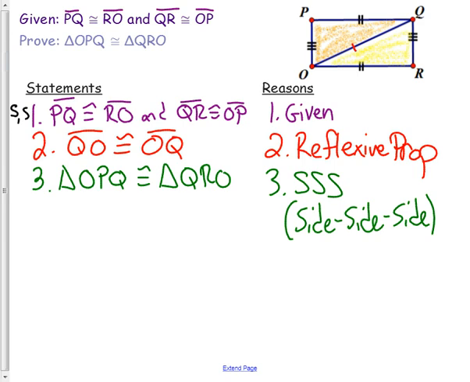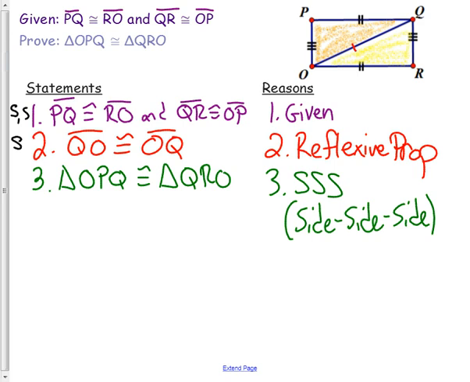So in the given, we are given two sides of our triangle, so we write an S and an S for a side. And in statement 2, we have another side. If I look here, I have all three sides in my proof.